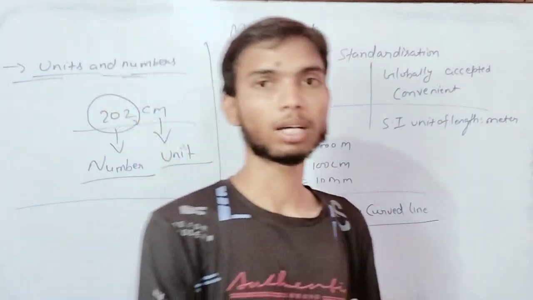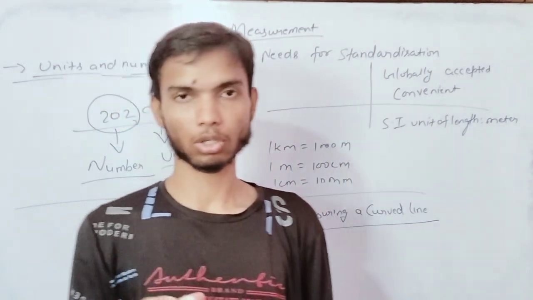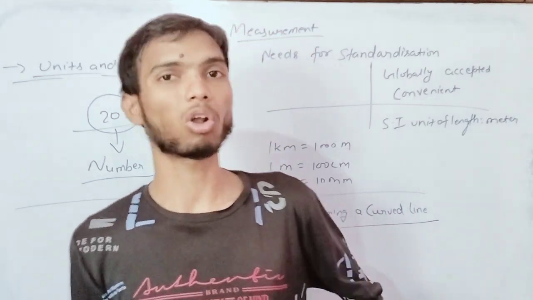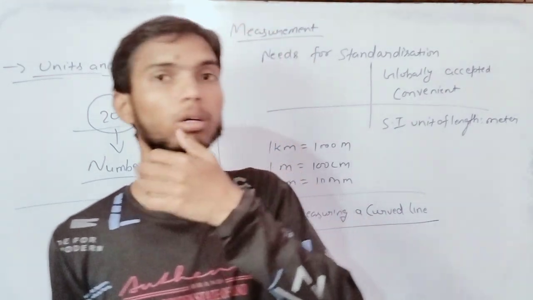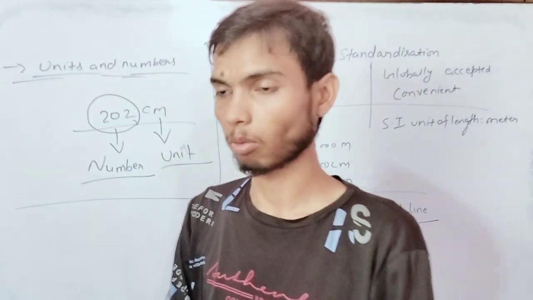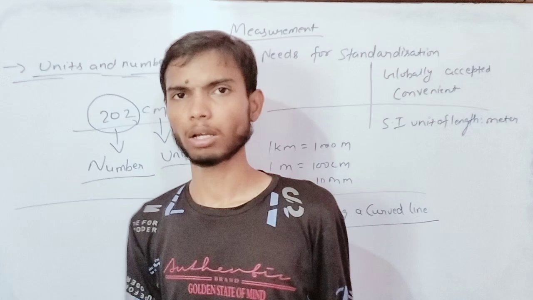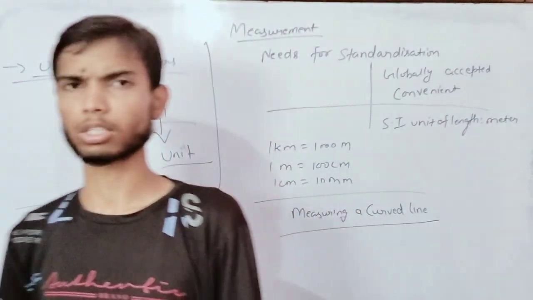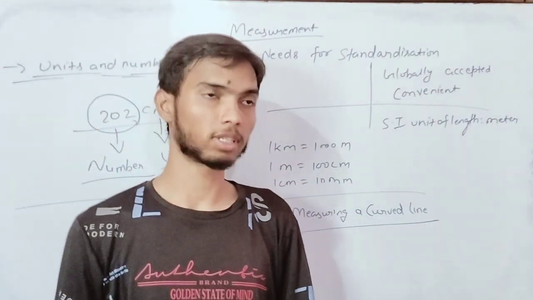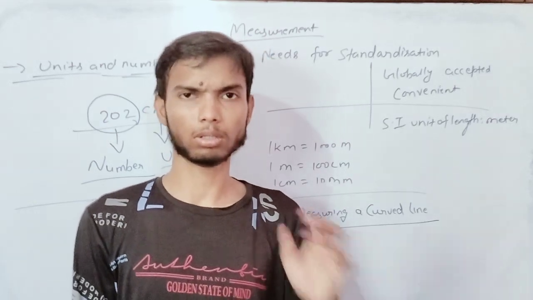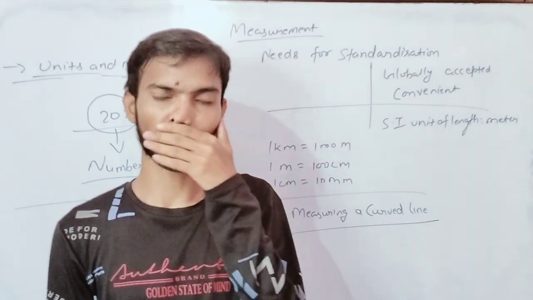So that's why standard units like the kilometer are globally accepted. We don't need to worry that if we measure this marker here as 3 centimeter, the measure in another country will be something else. It will not happen. It is not true.